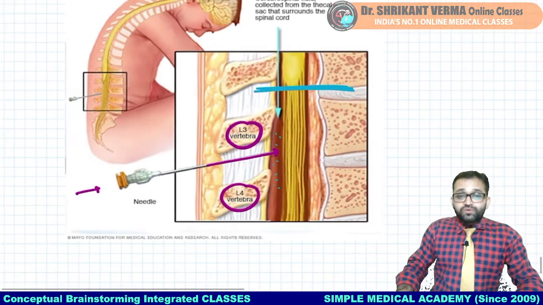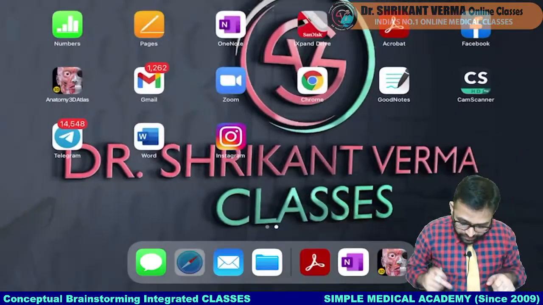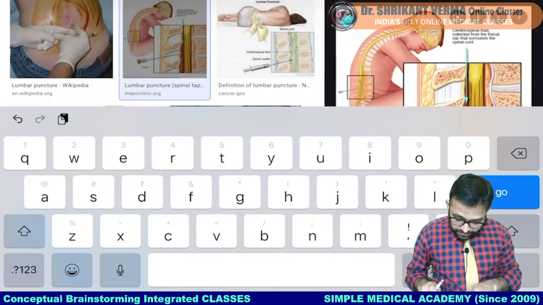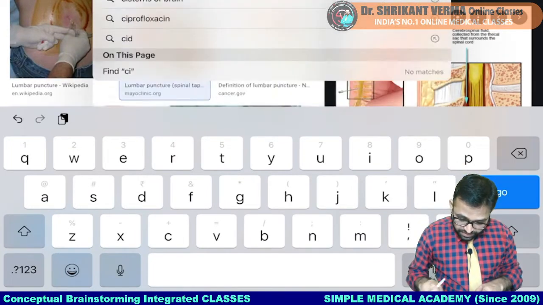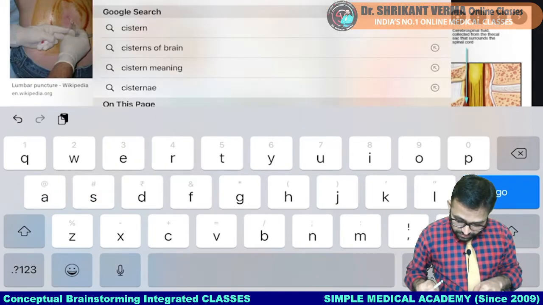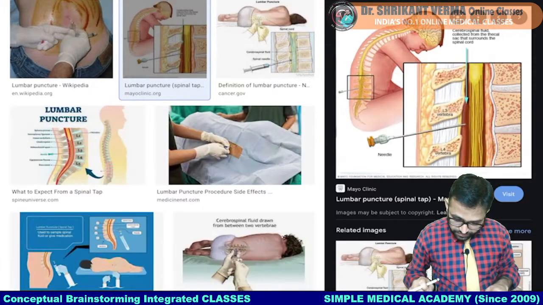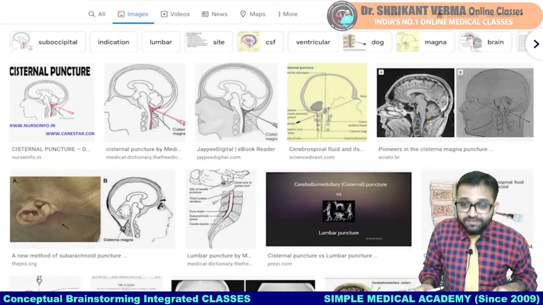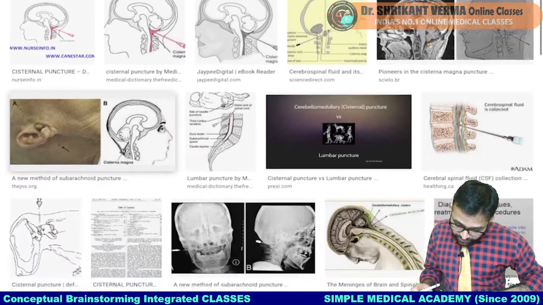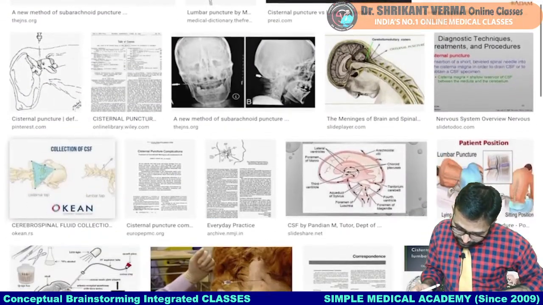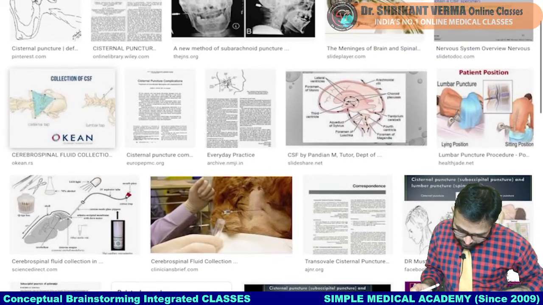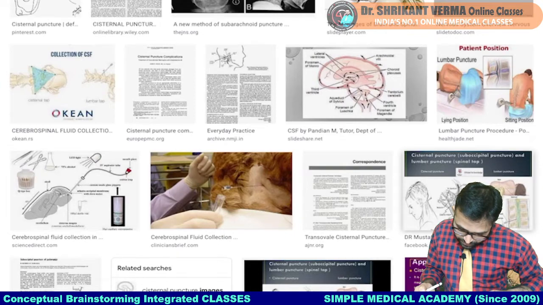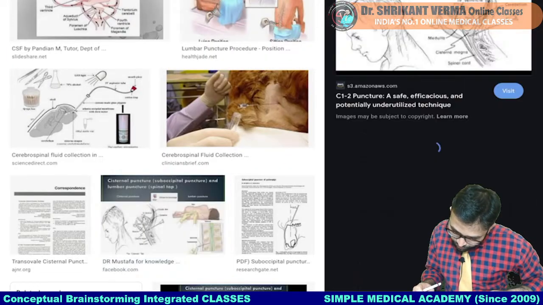Fine. Now we are looking at our cisterna magna puncture. In the previous class also we had seen, again just a few images. Okay, see here, this image will be useful for all of you.